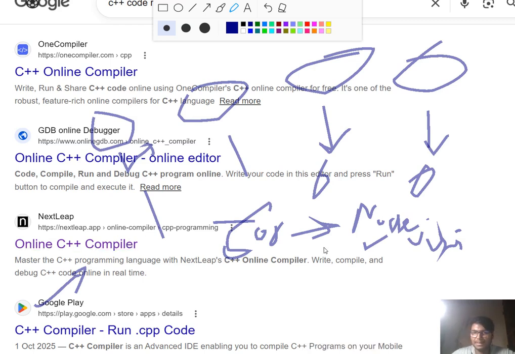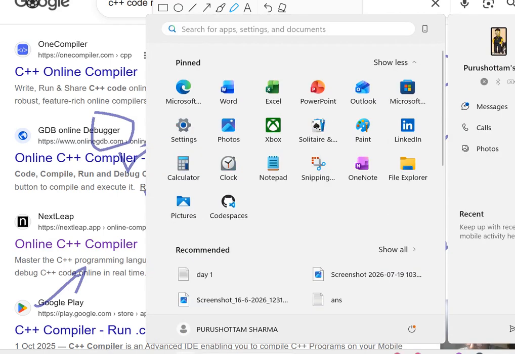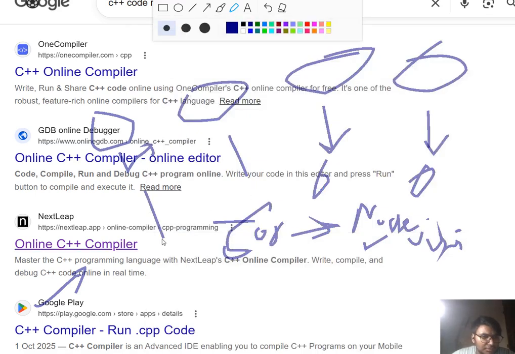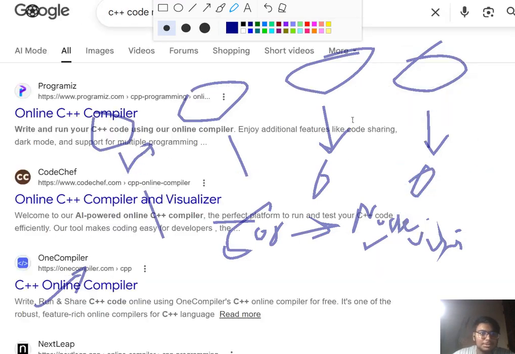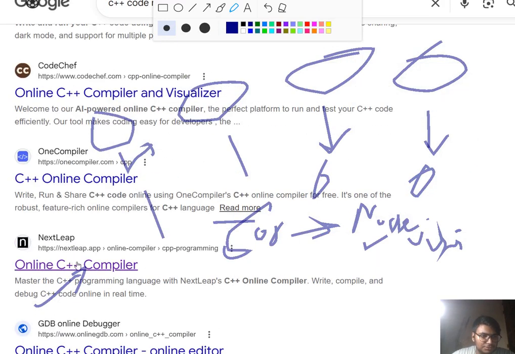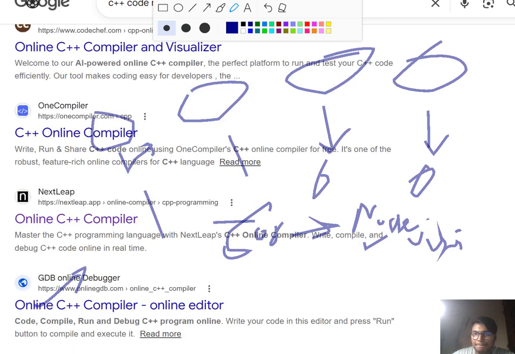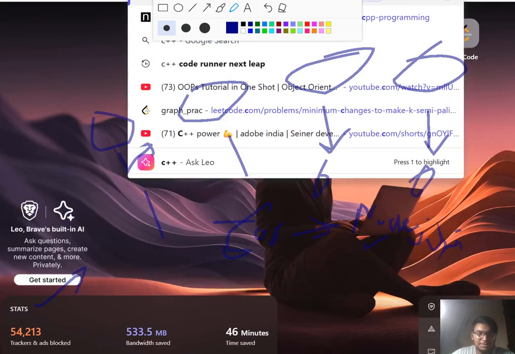This is not the case. Why is it not opening? Sorry. What is happening?